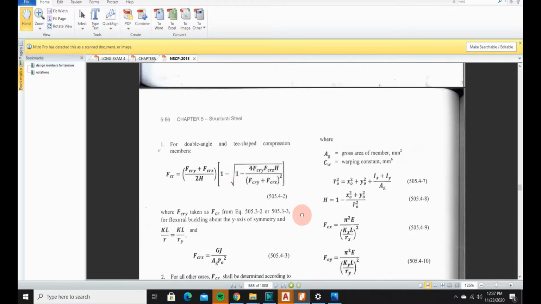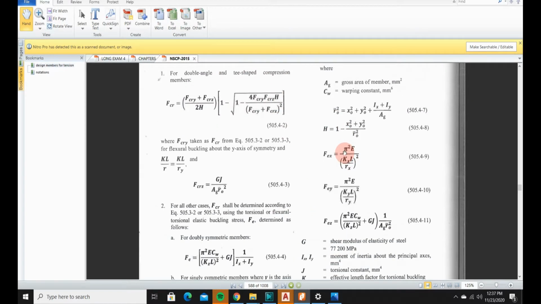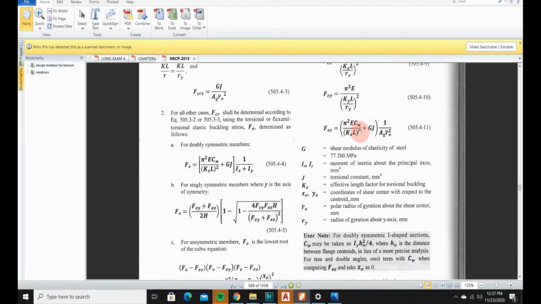So under page 5-56 of your NSCP, you can find here the different formulas for the elastic stresses. Have this for x, for y, and for z. But take note here, this is the one that we've used a while back for determining the elastic flexural buckling stress, and now we will use the elastic torsional stress.